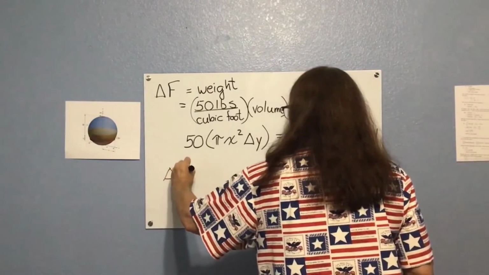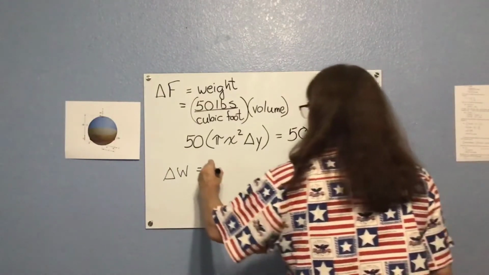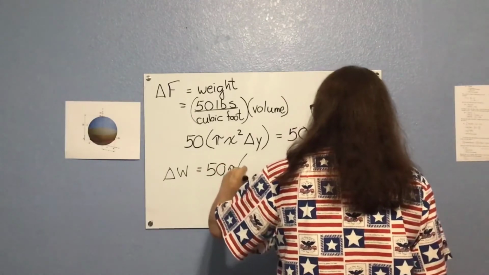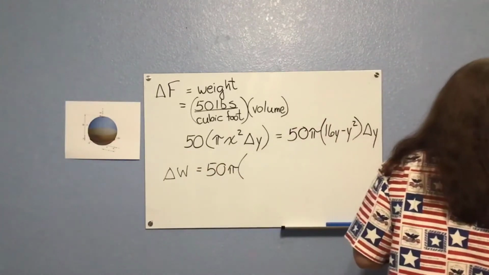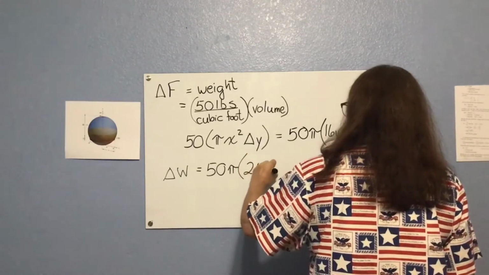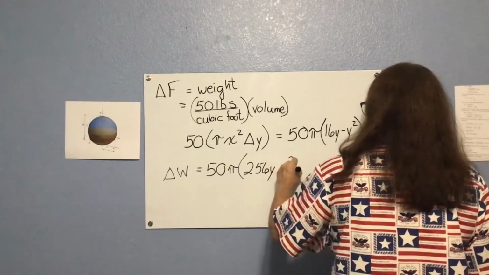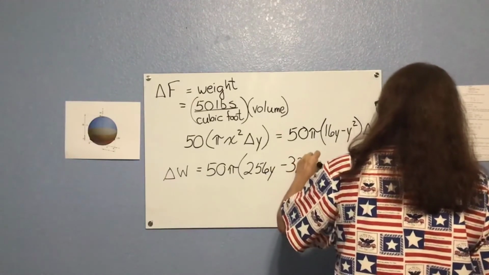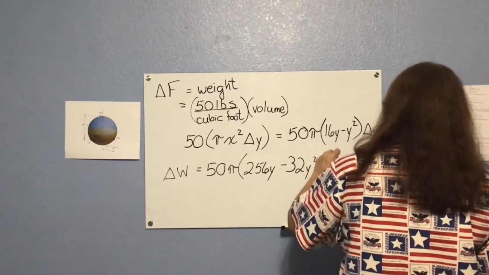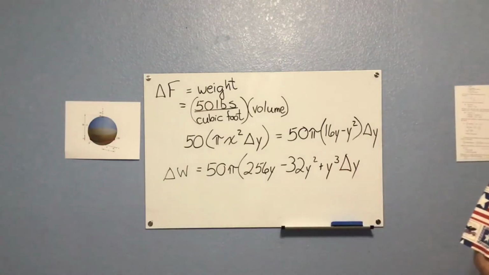The change in work is equal to 50 pi times 256y minus 32y squared plus y cubed delta y.